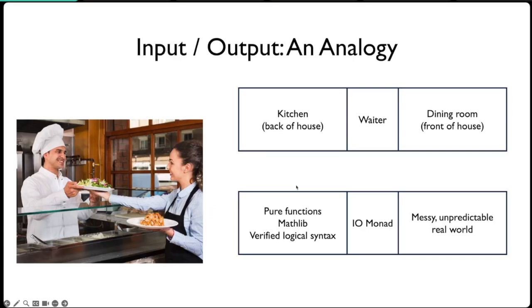The reason it works is because the IO monad and the options that we can build around it are essentially screening the messages before they get to the back kitchen. Like if the customer says, I would like you to bring me a wine that you don't have in stock, the waiter can, maybe they even go back and check or something, but they're going to deal with it at this side by saying like, you want factorial of 1.0? I'm not going to give that to you. I'm going to give you a different kind of response.